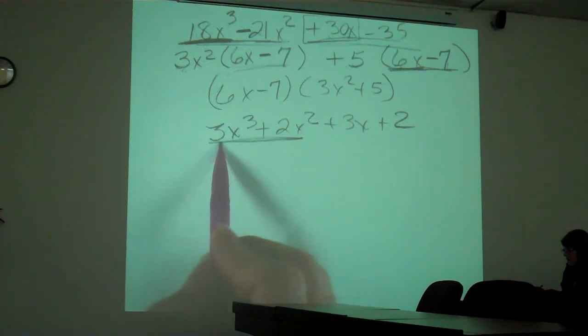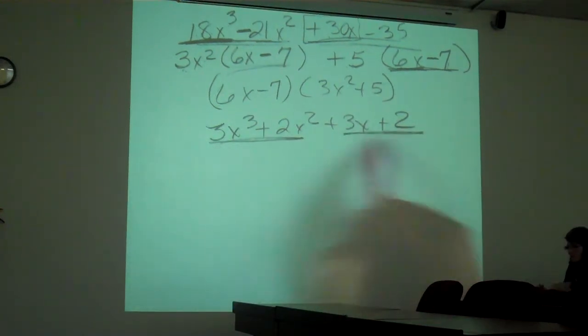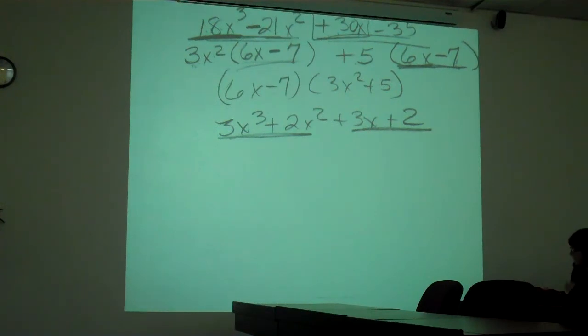x squared plus 2x plus 3x plus 2. People at home can just zoom through this.